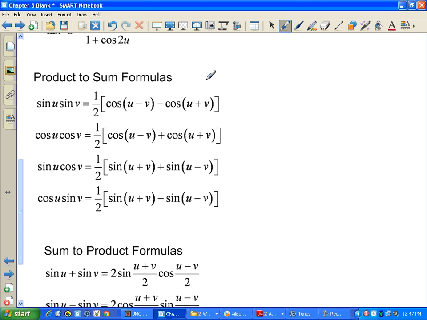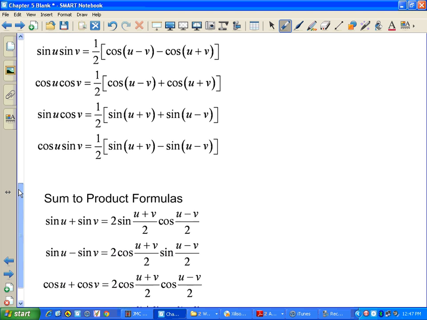So I'm not going to stress them too much. It's just something else that's on your sheet you should know how to use. But really, for solving equations, it's much easier to have a product than some kind of complex sum or difference. So they work, but probably won't use them that much.